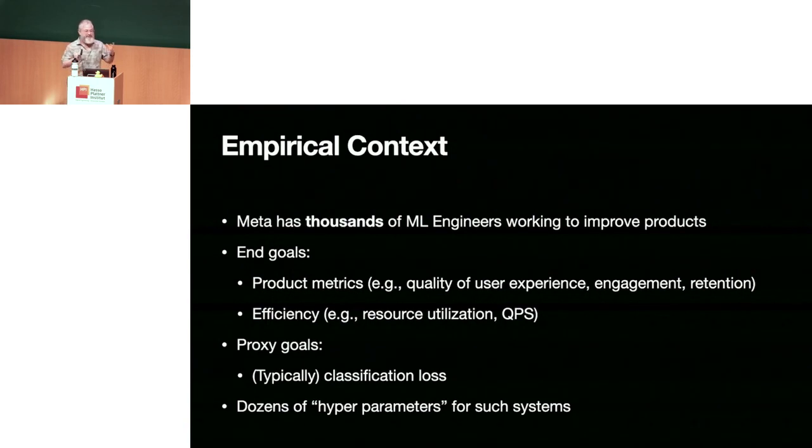And these teams have certain goals that might have to do with the quality of the user experience. It might have to do with engagement, might have to do with retention, how much they continue to use the service, because we want people to have a high quality experience, because having a high quality experience means they continue to use it, which is good for the world and it's good for revenue.